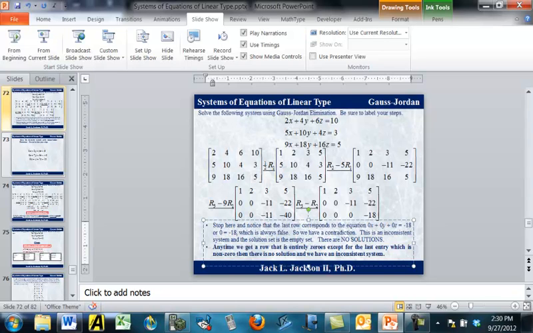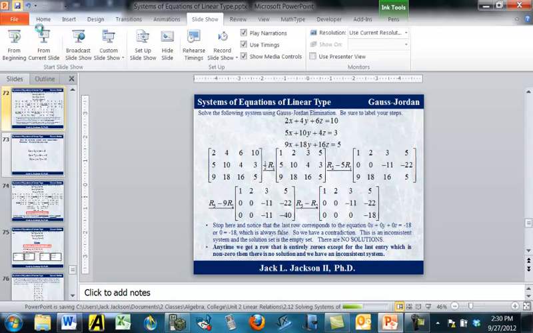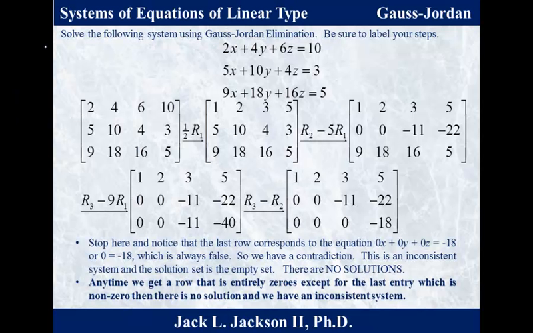Which is a false statement. It's always a false statement. Okay? Well, if you get a statement that's always false, that means you've reached a contradiction. So there are no solutions. The only ordered triples that make this work are the ones that make 0 equal to negative 18. There is no such thing.